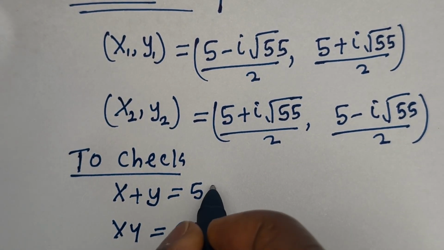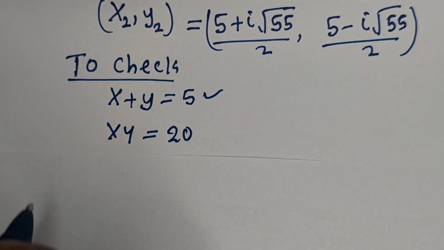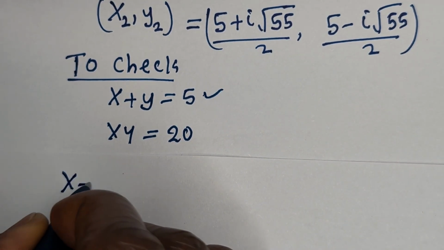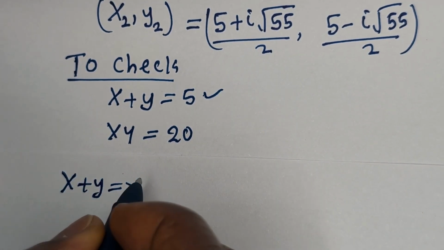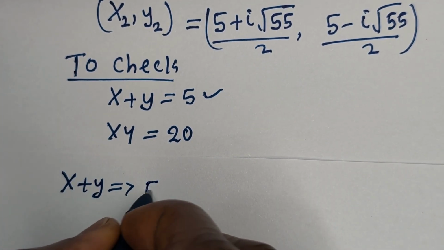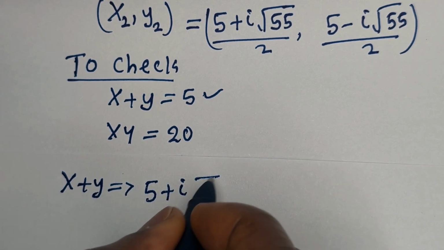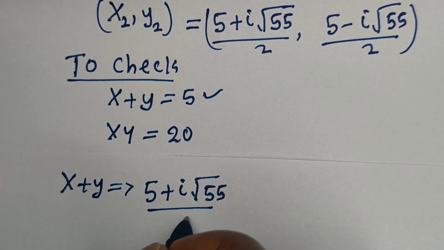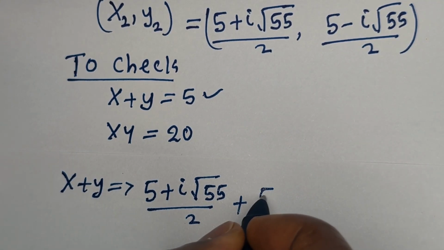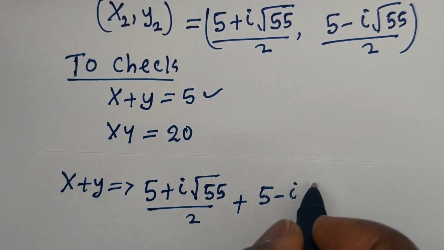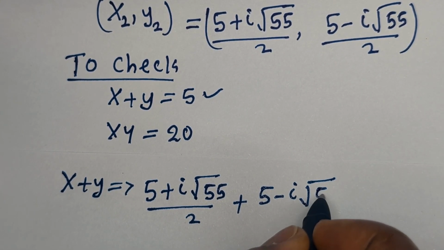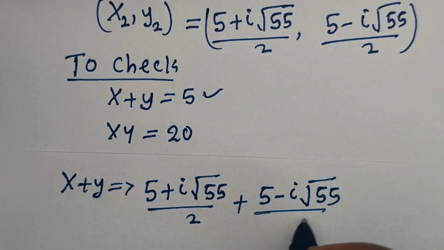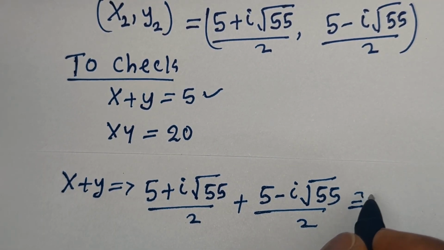Now let us consider this. x plus y, this is 5 plus i square root of 55 over 2 plus 5 minus i square root of 55 over 2 must be equal to 5.